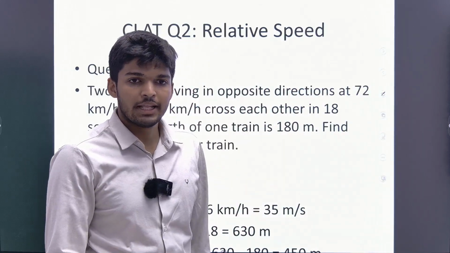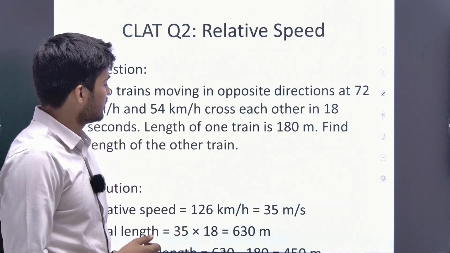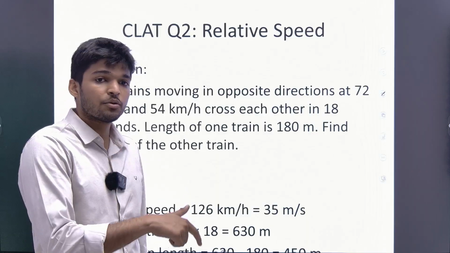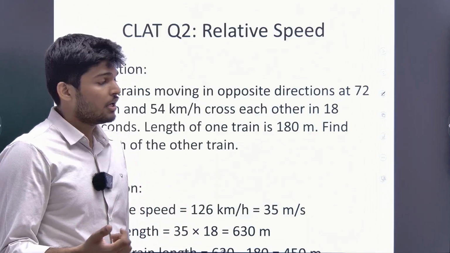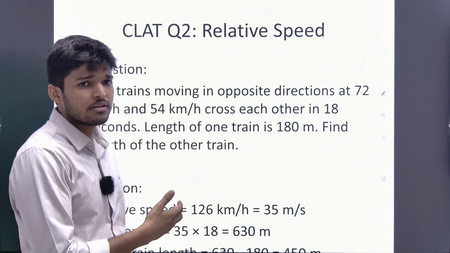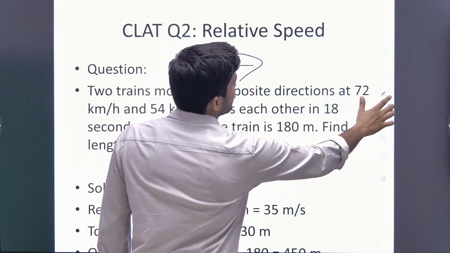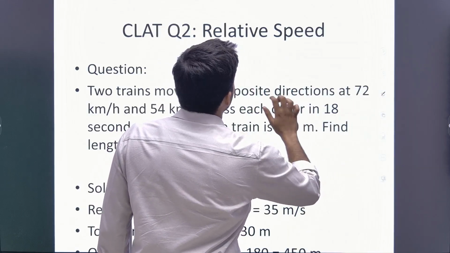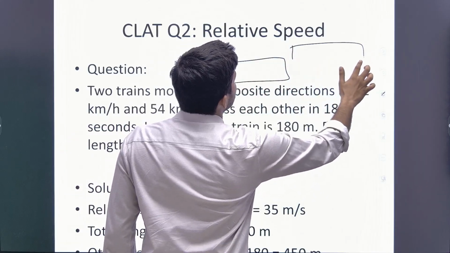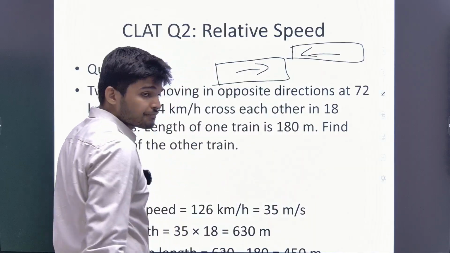Now we know the distance the trains travel to cover the entire crossing, and that distance was the length of one train plus the length of the other train. I'll also demonstrate this with a diagram. This is one train, this is the other train, moving in opposite directions.